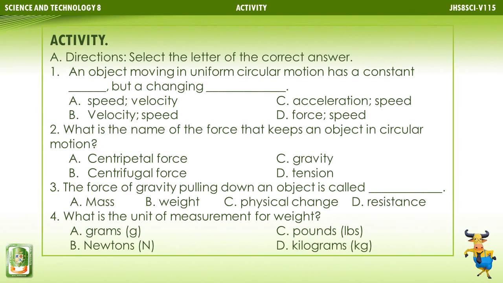Activity A. Directions. Select the letter of the correct answer. 1. An object moving in uniform circular motion has a constant blank, but a changing blank. A. Speed, velocity. B. Velocity, speed. C. Acceleration, speed.